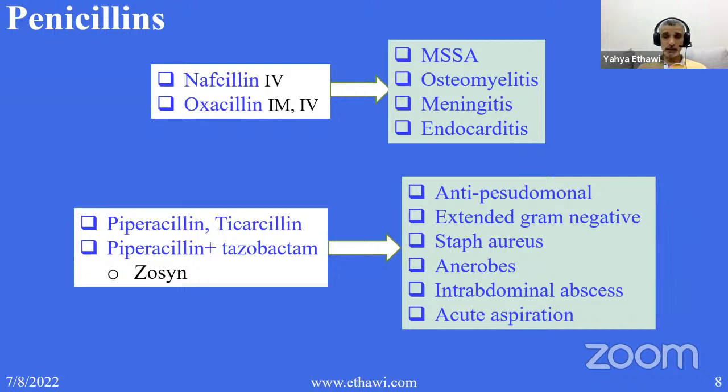So they are very good in intra-abdominal abscess and for acute aspiration, exactly like clindamycin. So when you have aspiration pneumonia and we don't know the cause, or we have intra-abdominal abscess and yet we don't have the cause, they're a very good start, because they have penicillin action against the gram-positives. They are also anti-Pseudomonas, they have a little bit of gram-negative function, and they work against staph and against anaerobes.